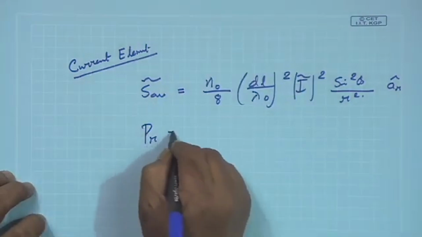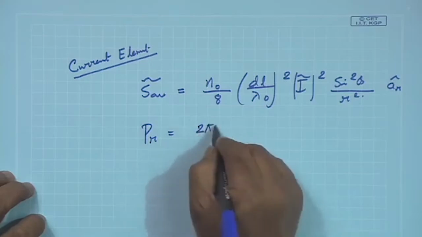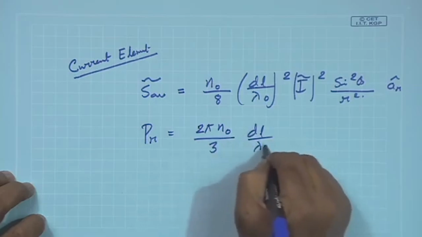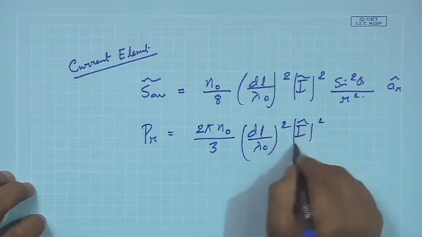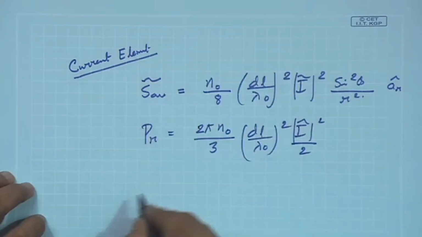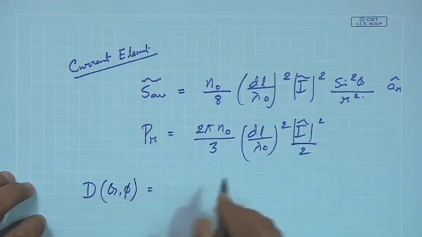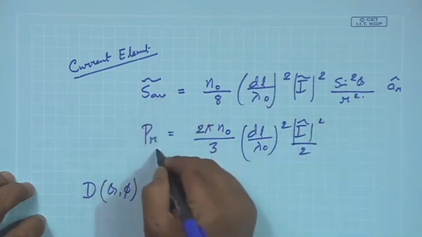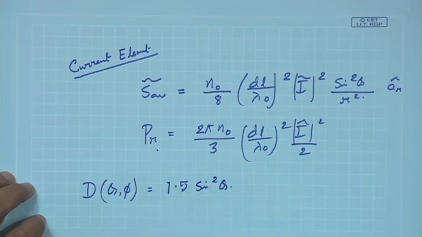Also, we have seen what was our PR. PR was 2 pi eta naught by 3 into dl by lambda naught square into I square by 2. Now, if you put that, you will get that directivity function, that means 4 pi r square into S average by PR, that will be 1.5 sin square theta.